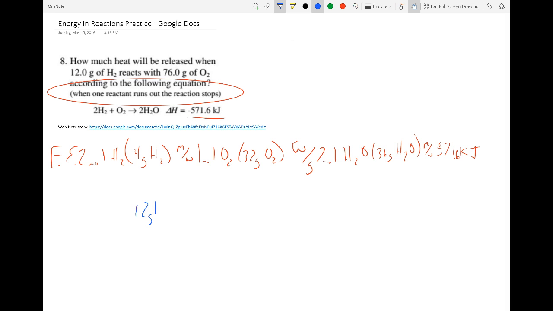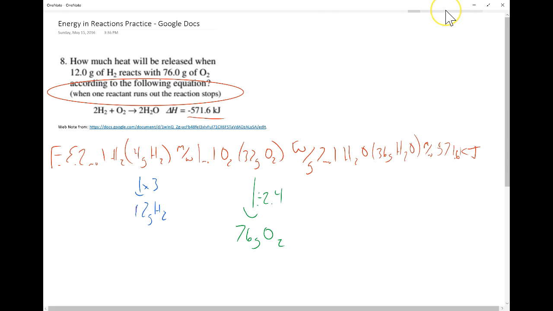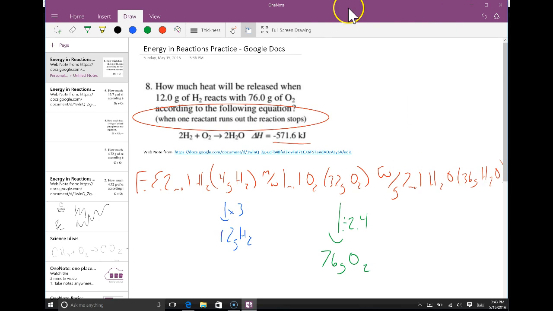So we started with, let's just do these in different colors, 12 grams of hydrogen, so that's a 3 times value. And we started with 76 grams of oxygen, which is going to be less than 3. So 76 divided by 32 is 2.4. So we could do one of 2 things here.